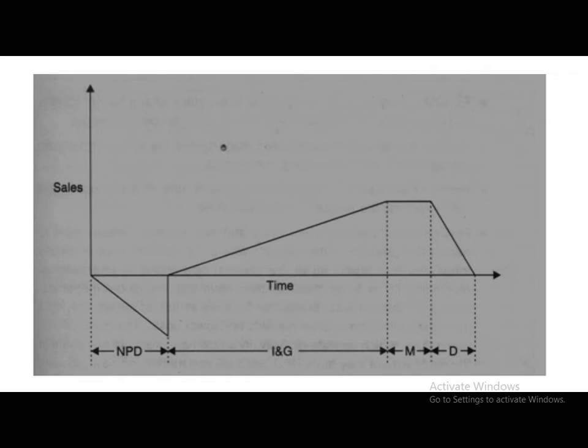In this figure, we have discussed that this is because of rapid change of technology. So you can see new product development, then introduction and growth stage is having growth, sales are increasing. After that, in the maturity stage, which is very short, the sales are stable, and in a short period, the product is going to decline or be eliminated from the market.